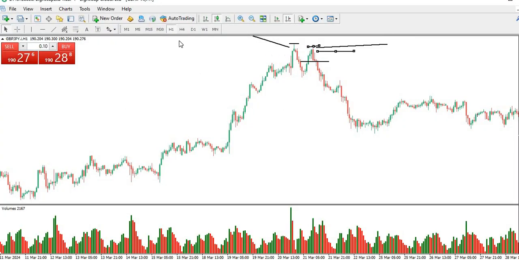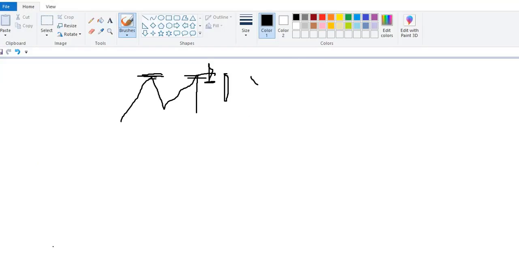Beginner traders would have taken the trade when the market retested this area. So it is not the way we will trade it in the market. We will always wait for the candlestick confirmation. So this is the first mistake. Make sure to not repeat these mistakes again in the market.